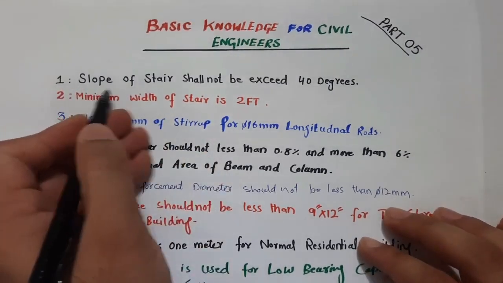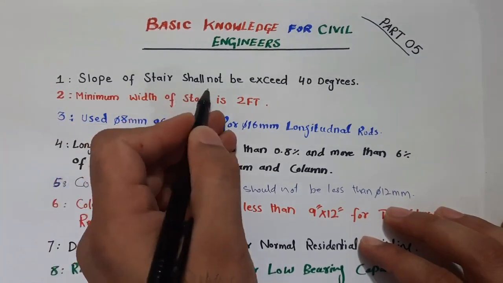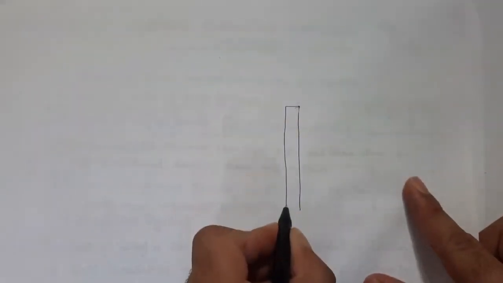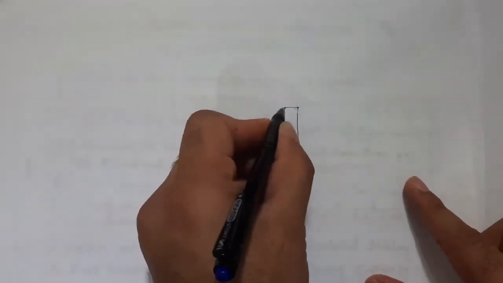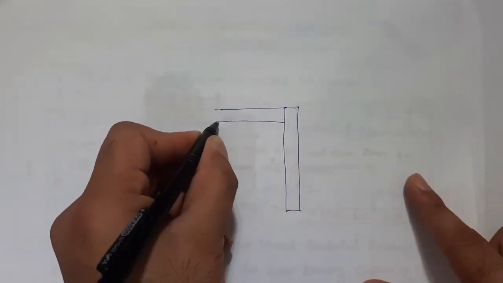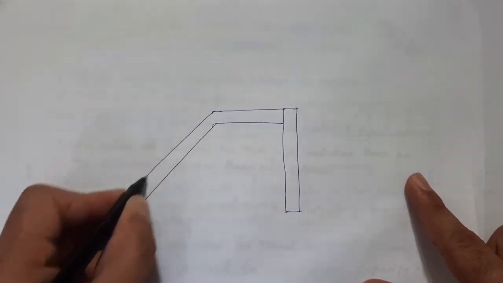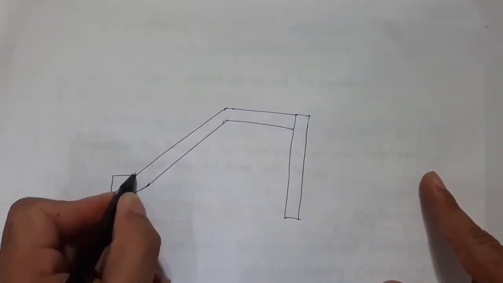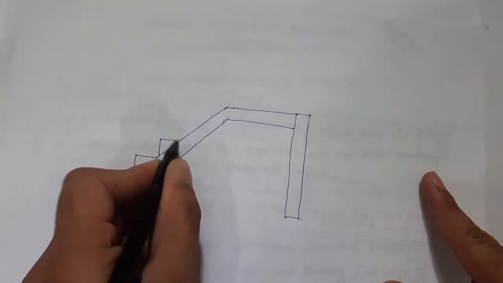The first one is, guys, slope of staircase shall not exceed 40 degrees. As you can see, this is a stair, this is a wall, and this is the landing. Here you will see the riser and tread.